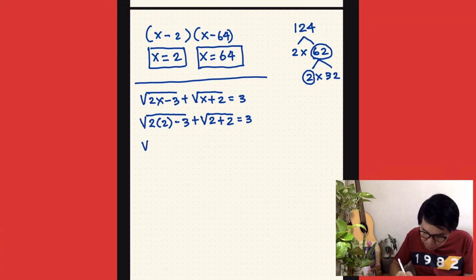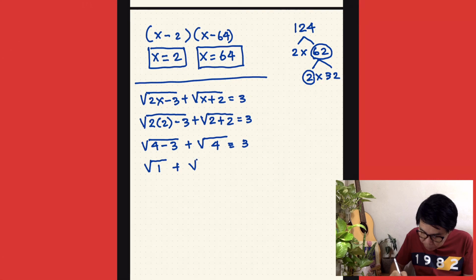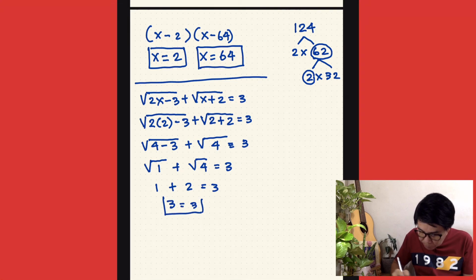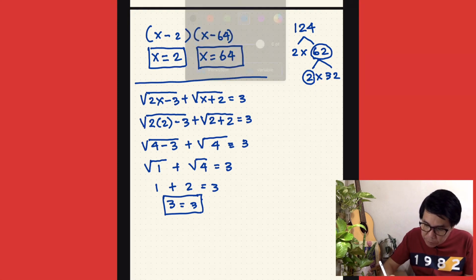So we have square root of 4 minus 3, that is square root of 1, plus square root of 4 equals 3. Square root of 1 is 1 plus square root of 4 is 2, equals 3. So 3 is equal to 3.